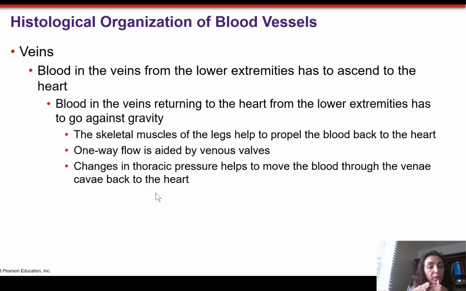So between these two is a tiny space between the lung and its visceral pleura and the wall of the thoracic cavity and the parietal pleura. There is a space here, right?